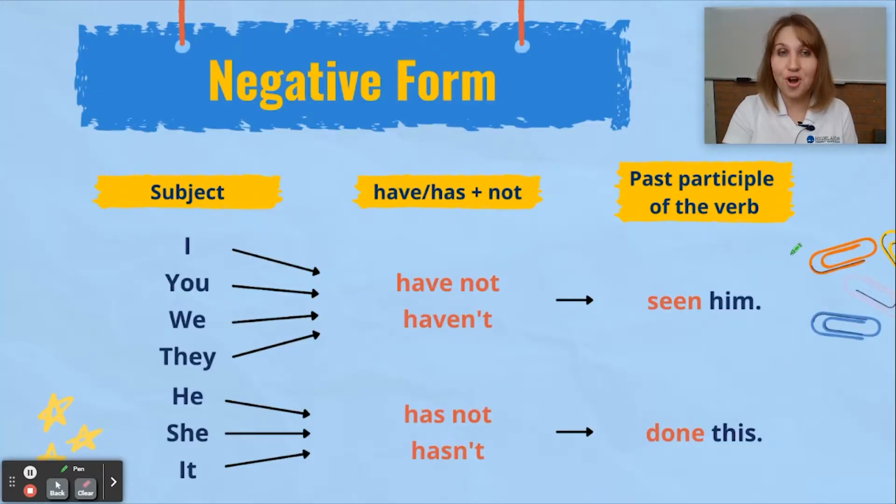The negative form is formed by a subject, have or has, plus the negative particle not, and the third form of the verb. There is a difference depending on what kind of subject or pronoun we're using. Whenever we are using I, you, we, and they, we are going to use have not or haven't.